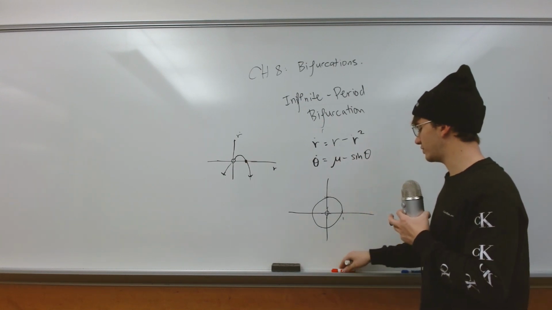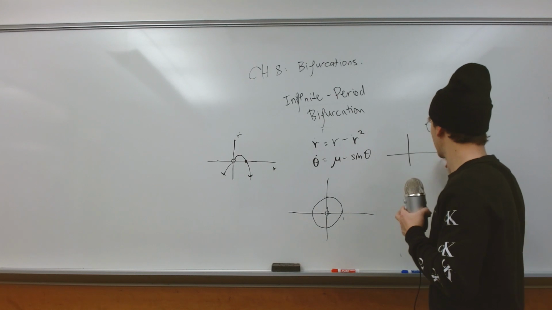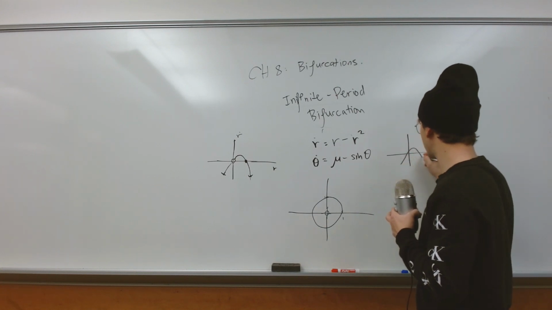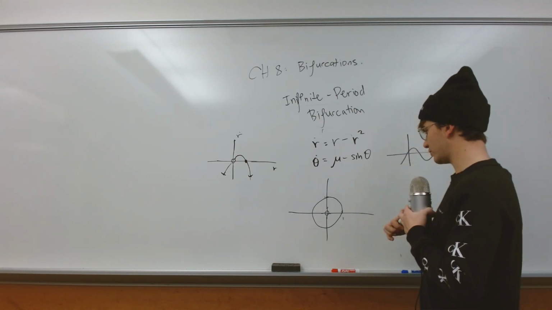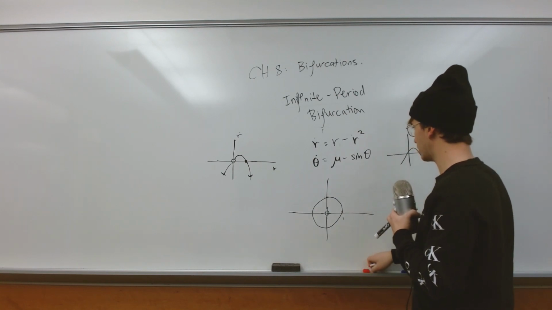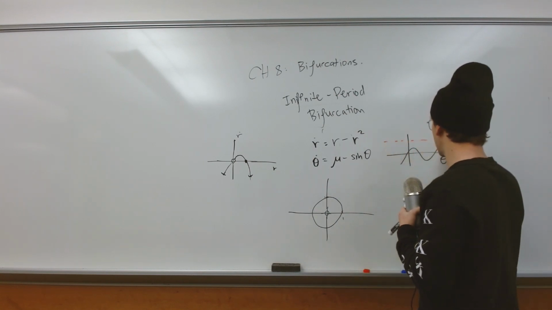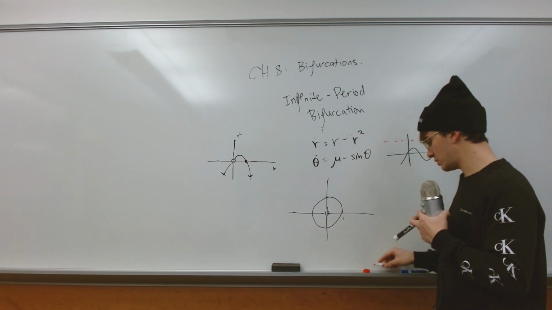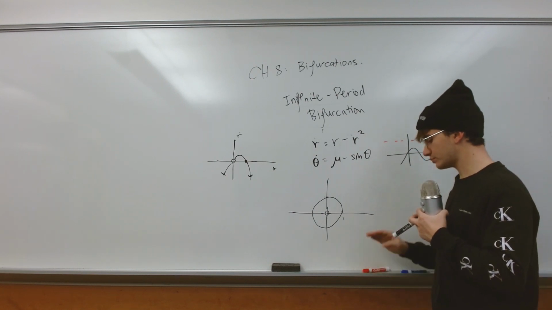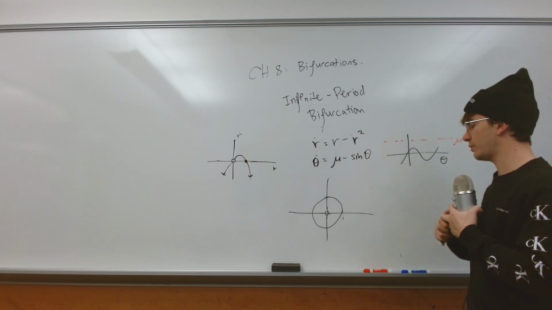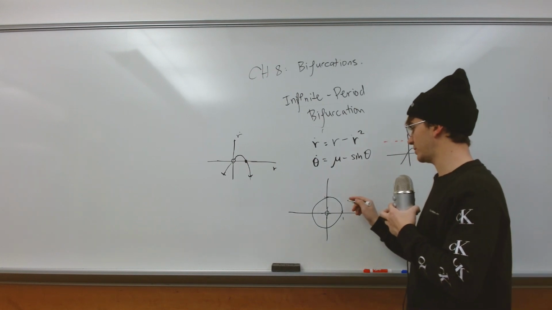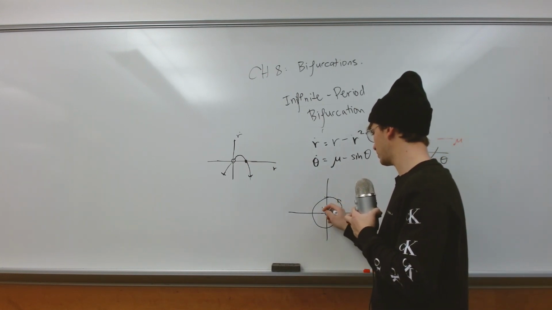I'll draw sine theta, and we start off with mu being some very large positive number, out here. Then all of my flow, no matter what the value of theta is, is going to be counterclockwise.